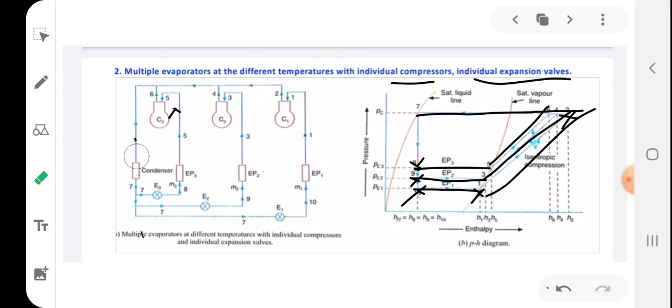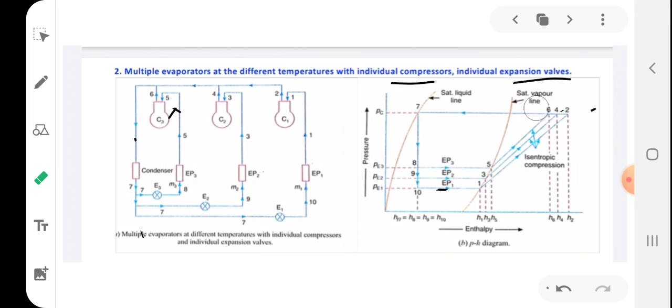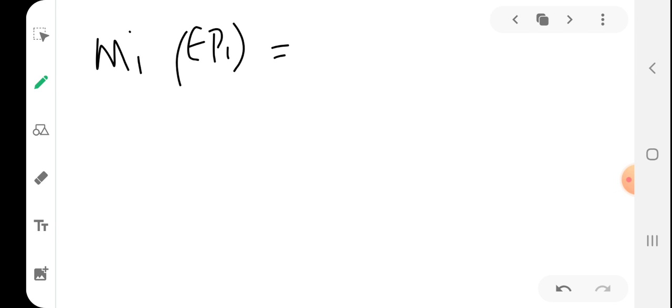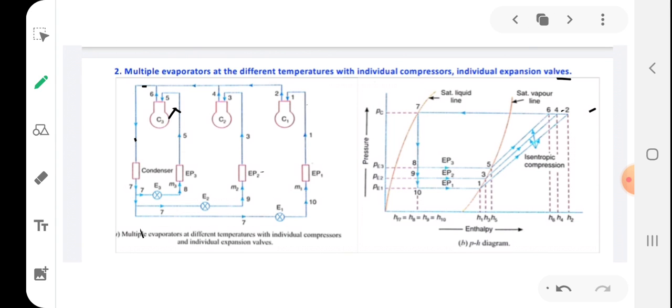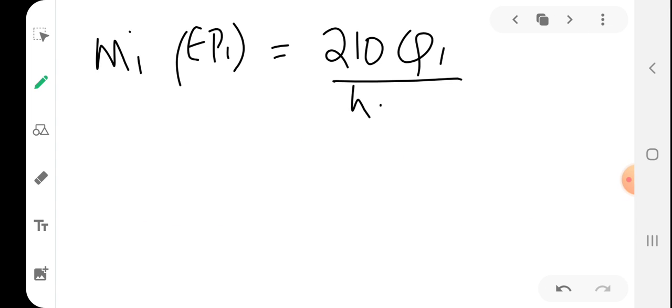Now we can calculate the refrigerating effect, mass flowing through the three different circuits, work in each compressor, and COP. Mass flow M1 dot is the mass flowing through EP1. If Q1 is the load on EP1, then M1 dot will be 210 Q1 divided by the enthalpy difference H1 minus H10.